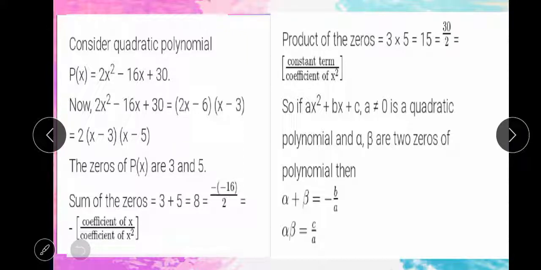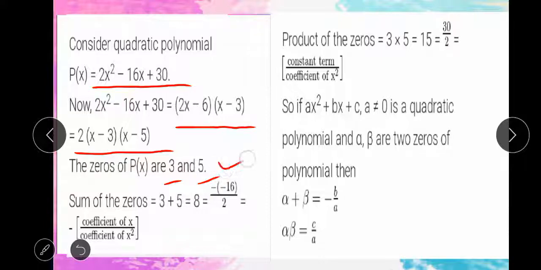Now, to understand better, let us consider a quadratic polynomial 2x square minus 16x plus 30. On factorizing it by middle term factorization, we get 2x minus 6 and x minus 5. Taking common 2, on further factorizing, we get 2 into x minus 3 into x minus 5. The zeros of p(x) are 3 and 5. When we equate our polynomial with 0, we get 3 and 5. Hence, we have the sum of zeros 3 plus 5 equal to 8.